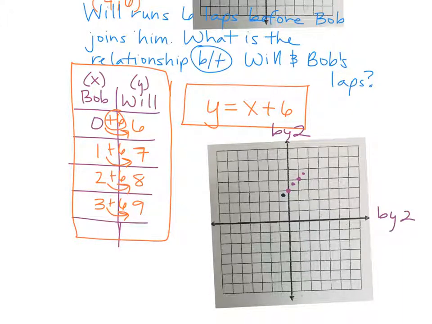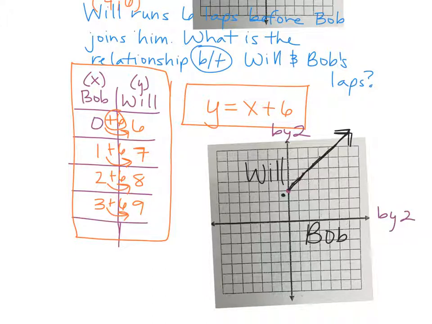We're just going to go this way, but it is possible to run half a lap or a third of a lap or a quarter of a lap, right? So all the points in between apply. So we're going to draw that line in, and that would be our graph. This is going to be Bob on this side. This is going to be Will on the y side, and that would be the graph.